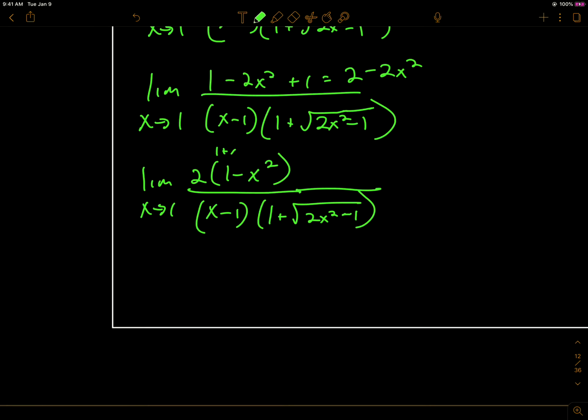So I would get 1 plus x times 1 minus x. That's not the same thing. 1 minus x and x minus 1 aren't the same. So what I'm going to do is switch the signs of this guy and that guy. So I can factor out a negative 1. Negative 1 factored out times the 2 gives me a negative 2, and now it's x squared minus 1. And I can factor that while I go here. x squared minus 1 is going to be x plus 1 times x minus 1.